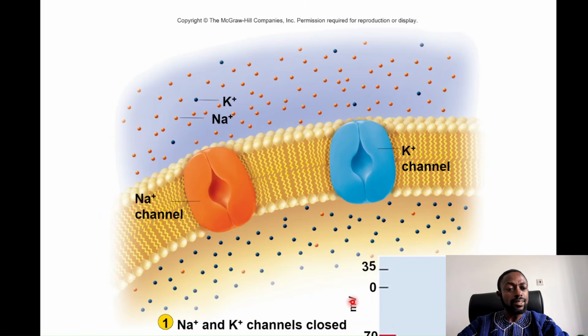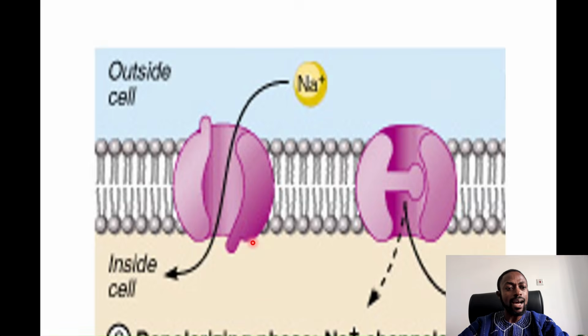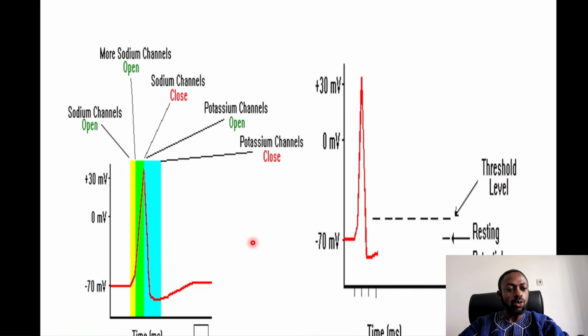In that state, we say you are depolarizing the cell. Remember that a polarized cell is negative, and so if you are making it positive, you are depolarizing it. So the stage of depolarization is the state where voltage-gated sodium ion channels are open and are driving the cell to a more positive state.